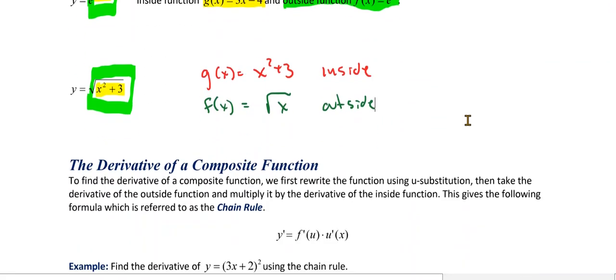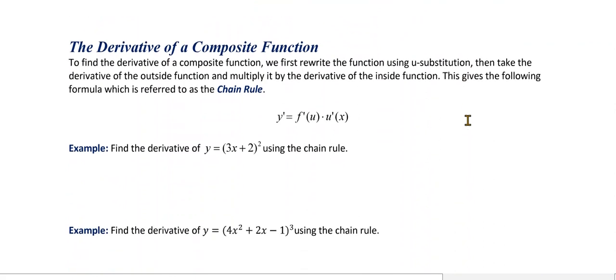The most important thing here is to just recognize when you have a function inside of another function. What we really are interested in is knowing how to find the derivative of a composite function. There's a nifty little formula here. If you have a function written in the form y is equal to f of g of x, where g is the inside function and f is the outside function, then the derivative of that can be found by finding f prime of u times u prime.